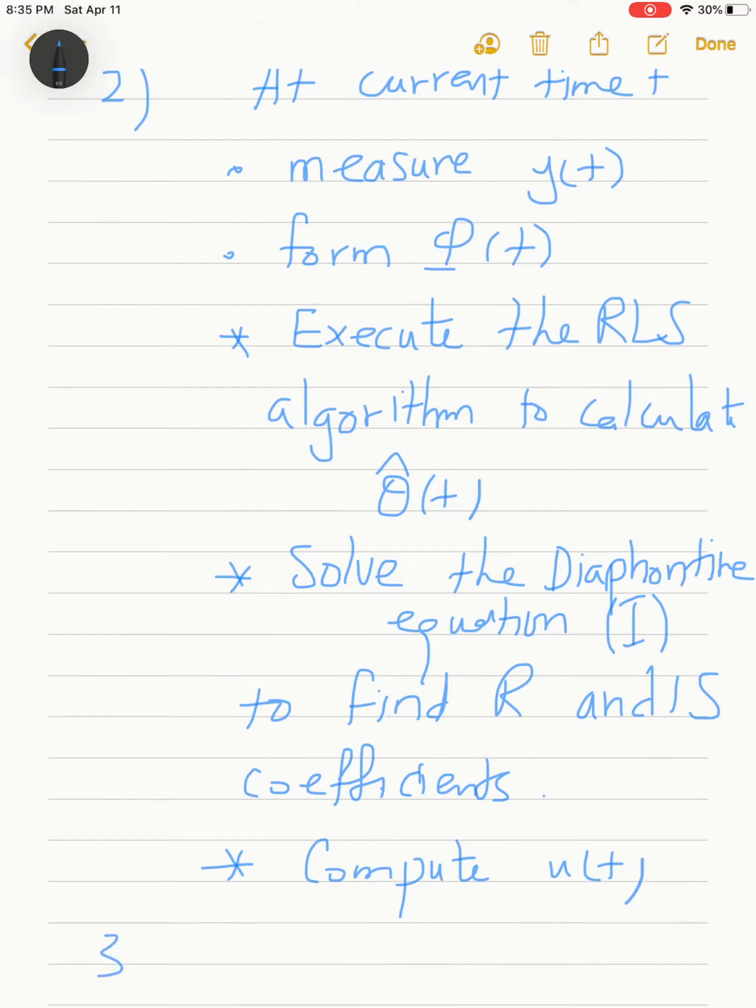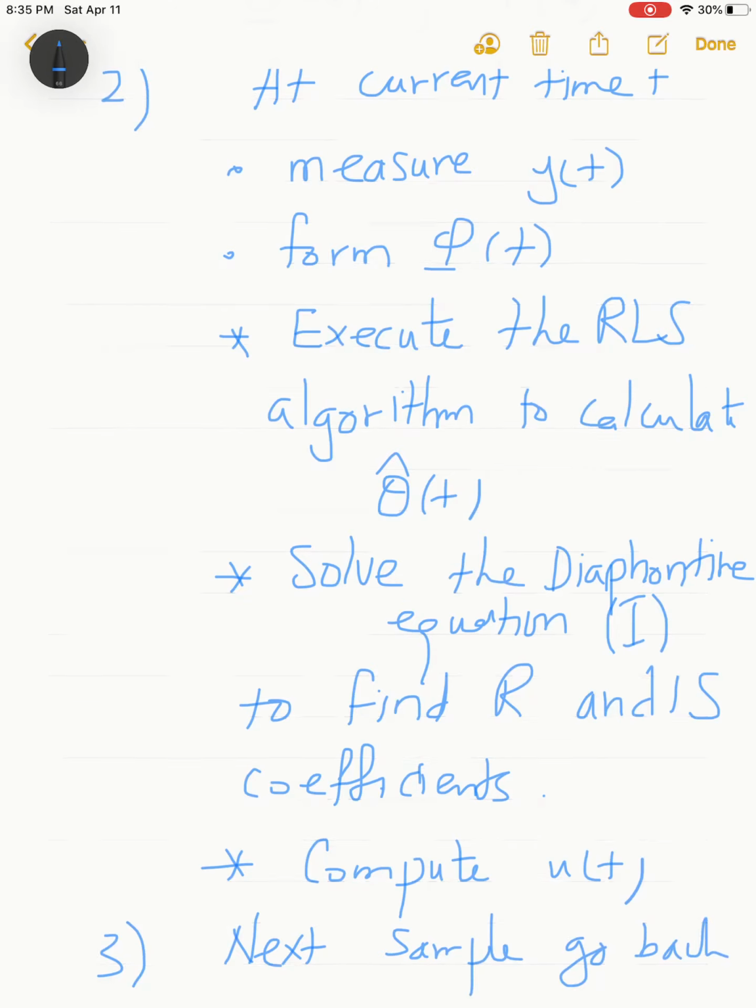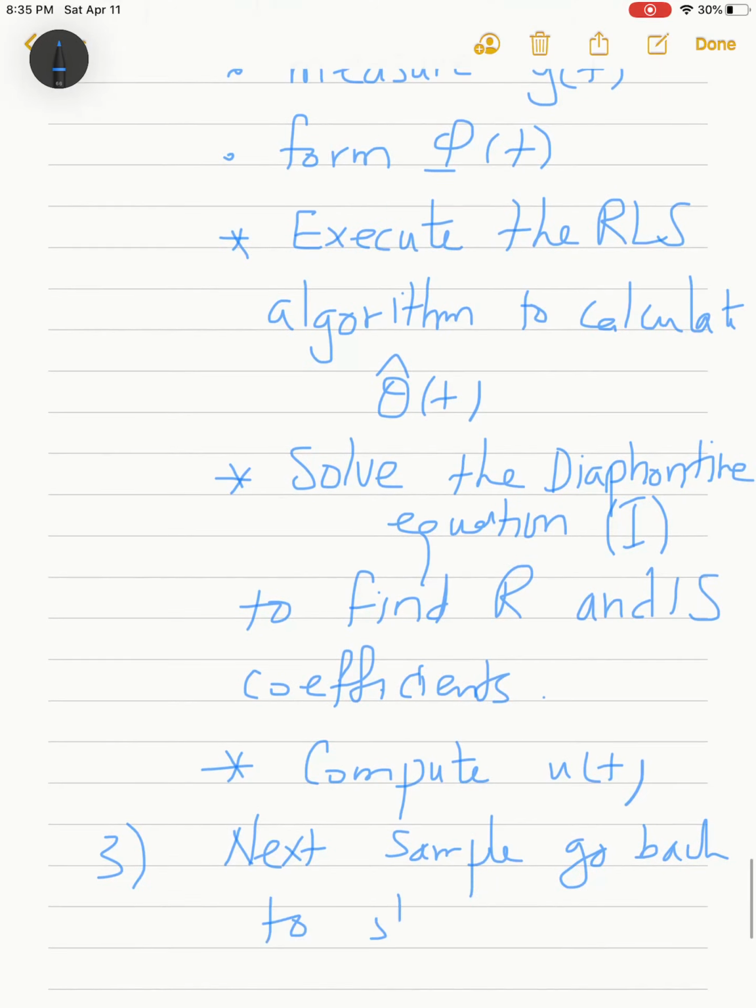At the next sample, we go back to step 2 and repeat whatever we have done before.